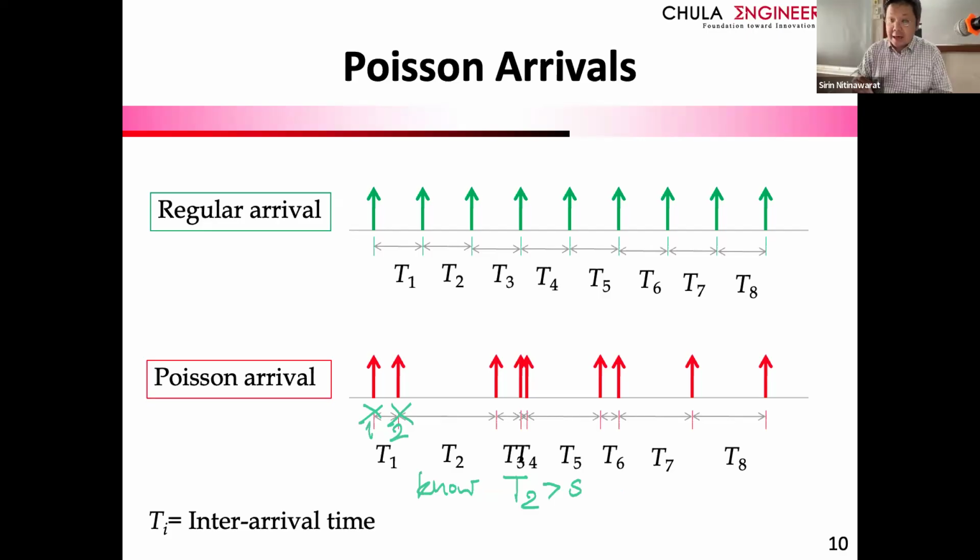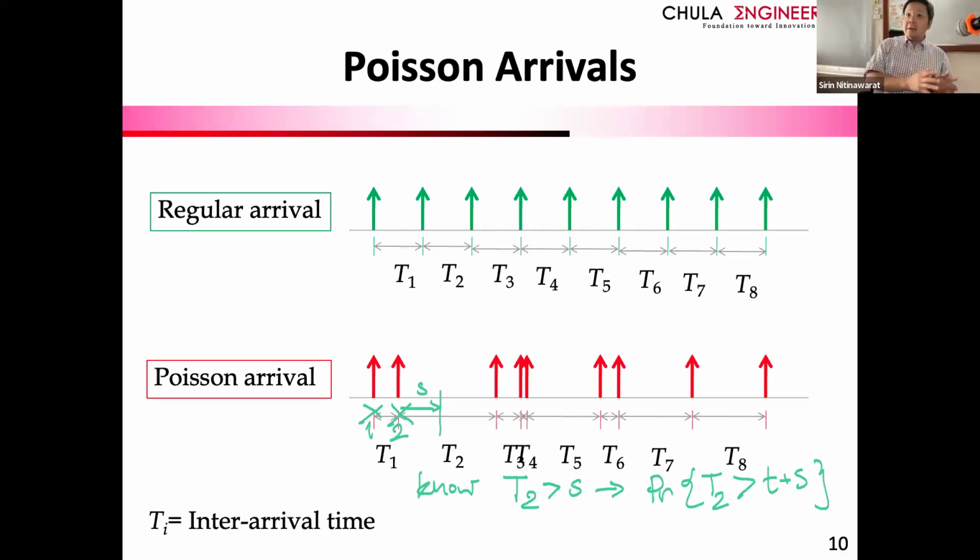Knowing T2 is larger than s means that after the second customer has arrived and I have waited for s seconds, if T2 is larger than s, what does that mean? That means after s seconds, the third customer has not arrived. So at this point, the third customer has not arrived. Knowing this, I can ask, how would that affect the future probability of T2 to be t seconds longer?